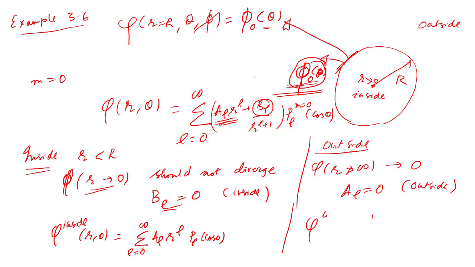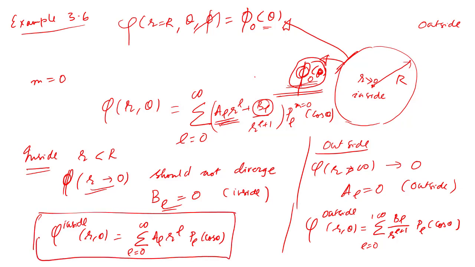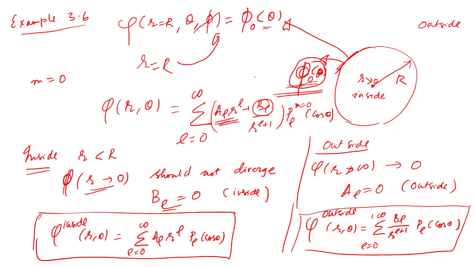And if I look at the potential outside, that would look like the sum over L equals 0 to infinity of B_L by r to the L plus 1 P_L of cosine theta. Right? And then these two things have to be equal at the surface, at r equal to R, where we have the boundary condition. So we figure out the potential outside and inside.